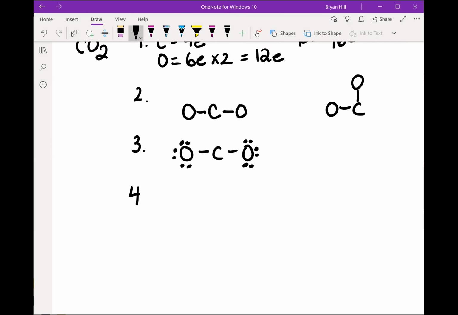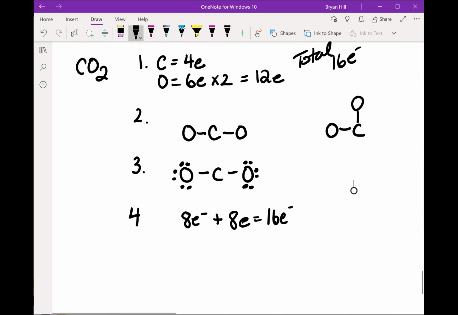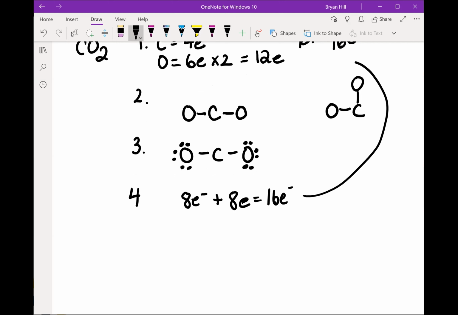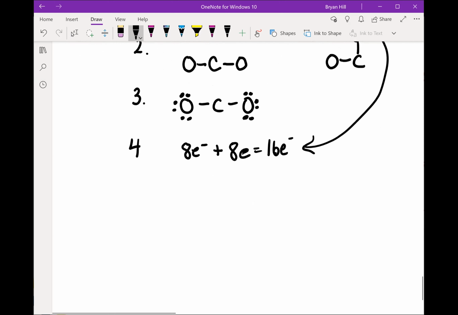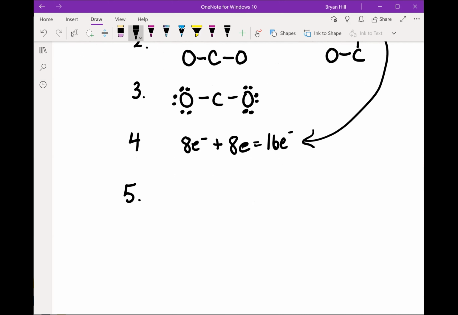Fourth step, compare the number of electrons. So we've got 2, 4, 6, 8 plus 2, 4, 6, 8, which equals 16 electrons, and this matches the same total. So we've got the correct number of electrons. If you look at our structure though, the center atom, carbon, does not have a complete octet. It's only got 4 electrons.